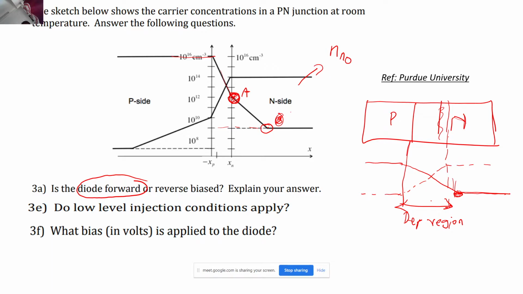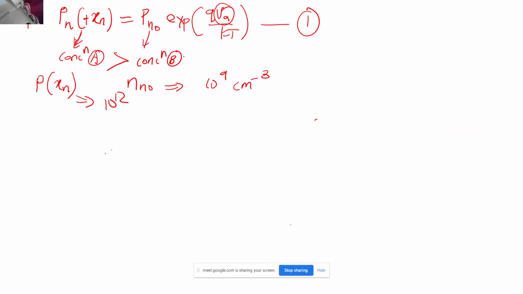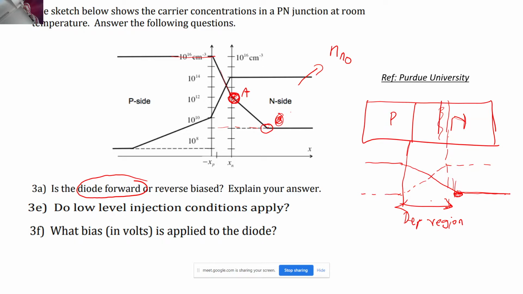What do you guys think? Hello. Are you asking, is it low level injection or not a low level injection?